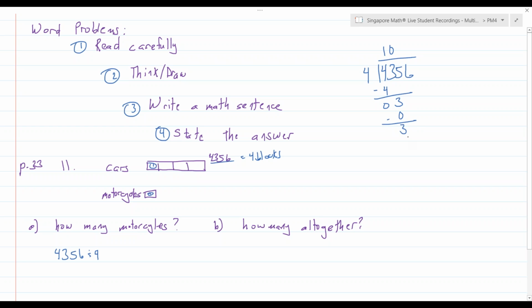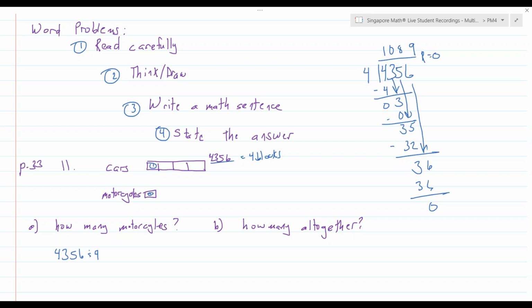Subtract, I get 3, bring down the 5. 4 goes into 35 8 times. 8 times 4 is 32. When I subtract I get 3, bring down the 6. 4 goes into 36 9 times. 9 times 4 is 36. Subtract and get 0.